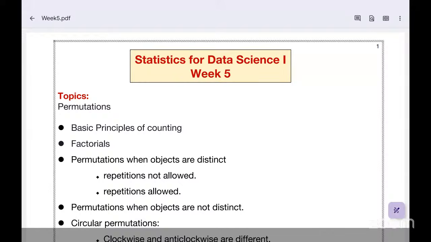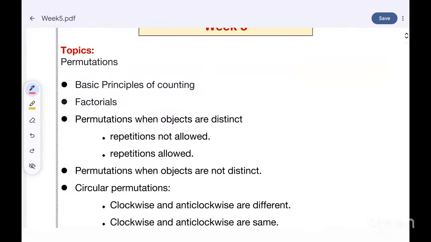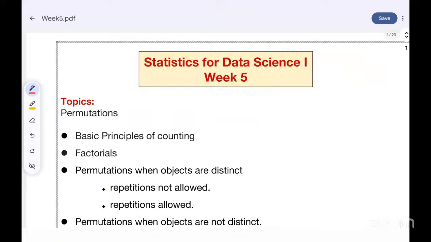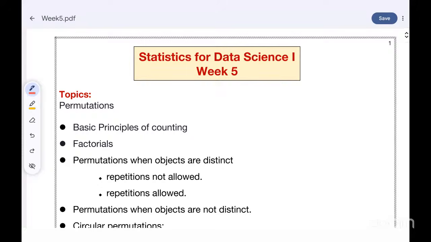Ma'am, actually, I found a question. I have some confusion in that. Okay. So the question was regarding ordinal data. That option should not be correct. Yes, okay, ma'am. Then it is.